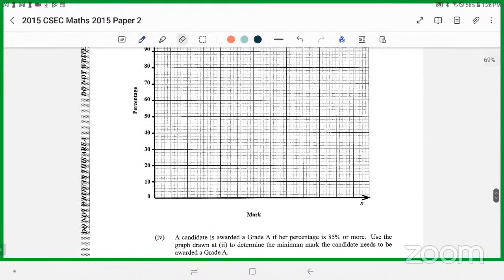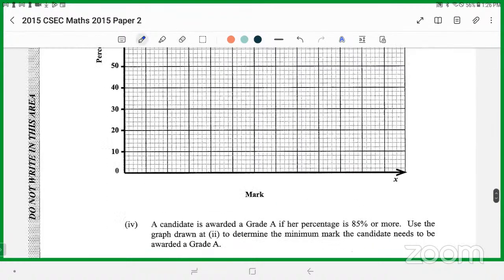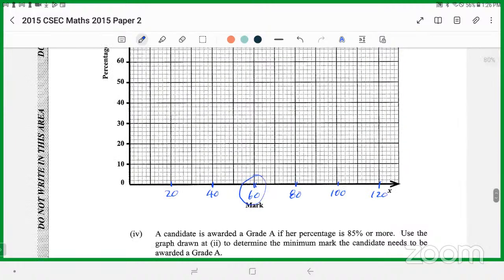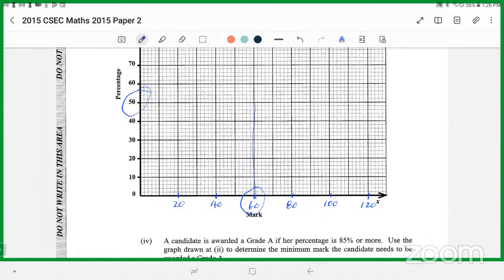So let's put them on. We're going to put 20 here, 40, 60, 80, 100 marks, 120 marks. So remember now, 60 marks is 50%. 60 marks is 50% right here. That's a point.